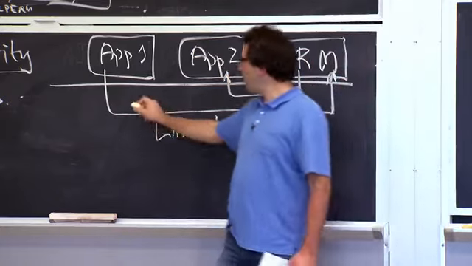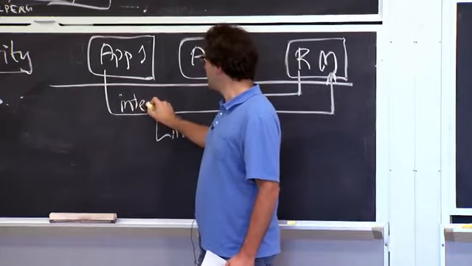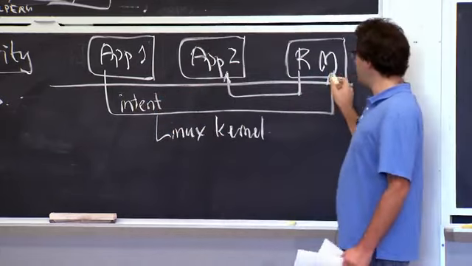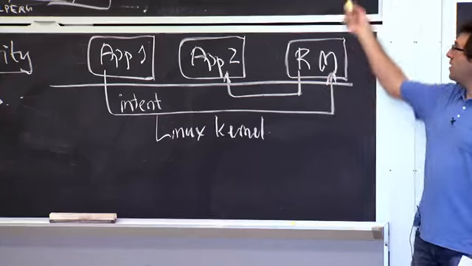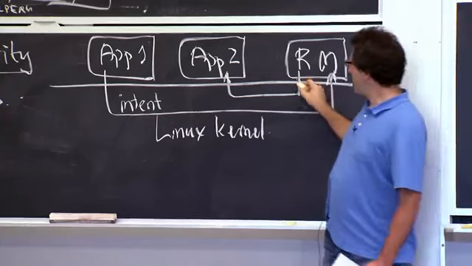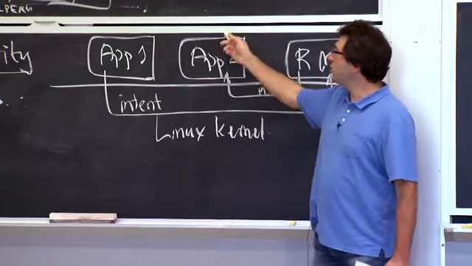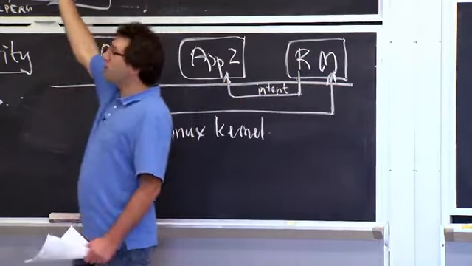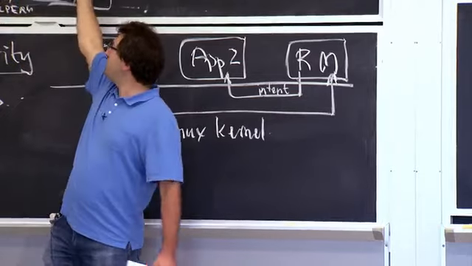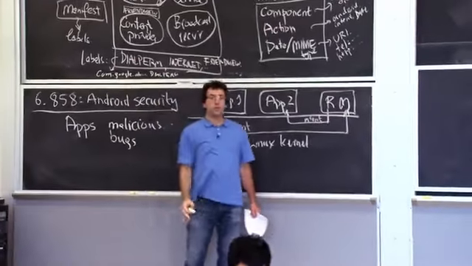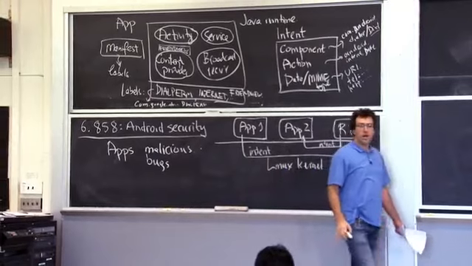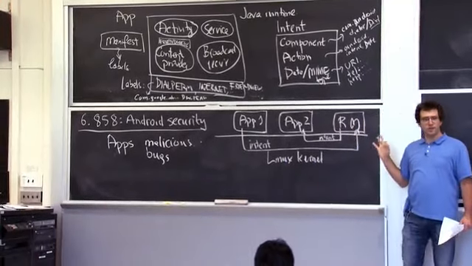So in our case, if app 1 writes an intent for app 2 to the reference monitor, it is going to figure out where this intent should go and relay it over here to app 2. So application 2 can, I don't know, maybe start an activity or receive a message or do a SQL query, etc. for app 1. That make sense, roughly, in terms of what's going on?